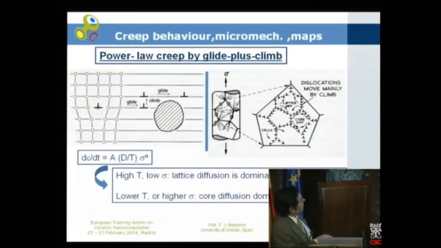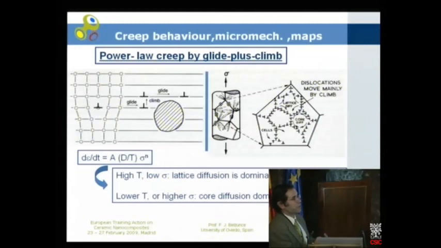But the effect now of doing this experiment at high temperature is that this dislocation can glide along this slip plane, and when it encounters, for example, here a precipitate or a particle, it cannot continue its way, and it stops here.